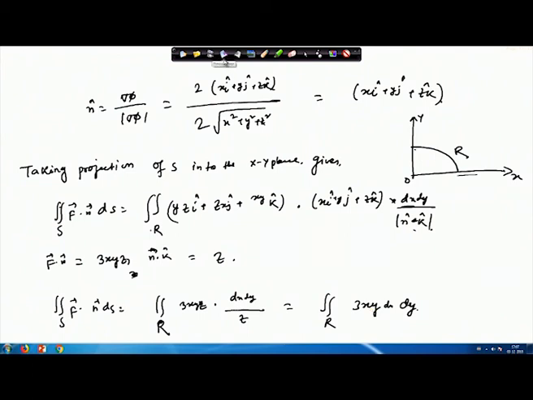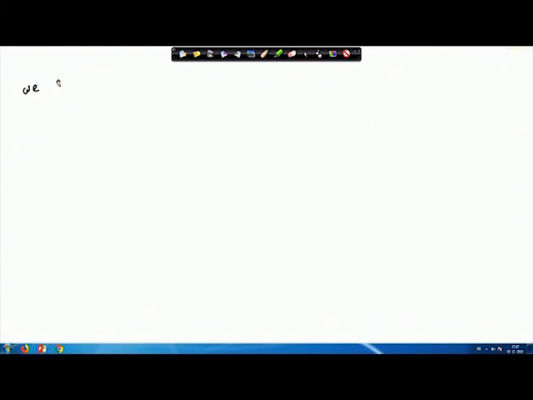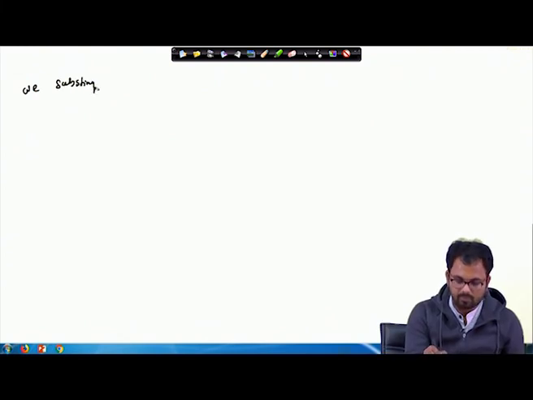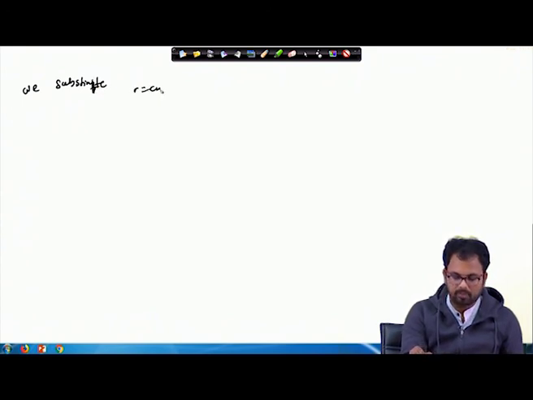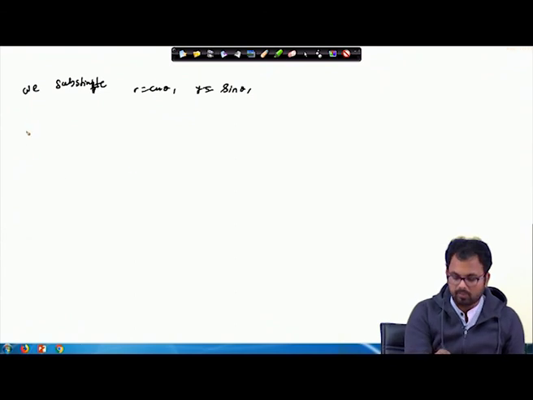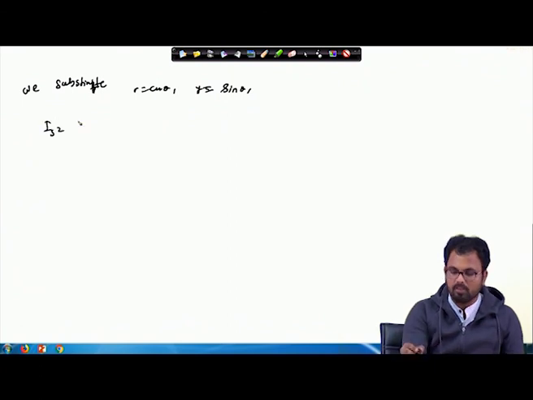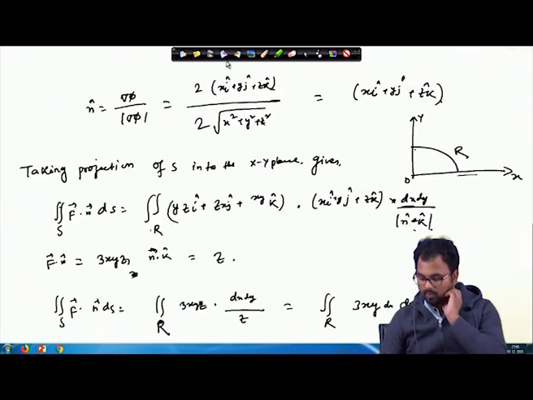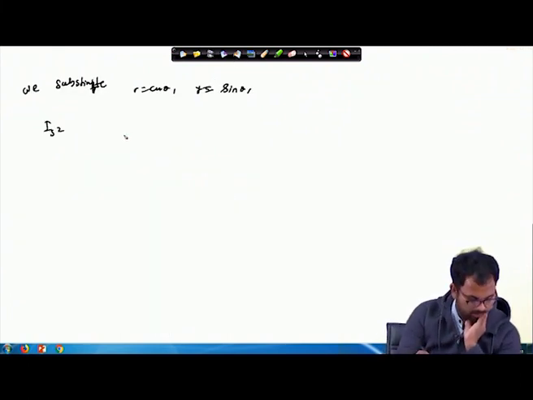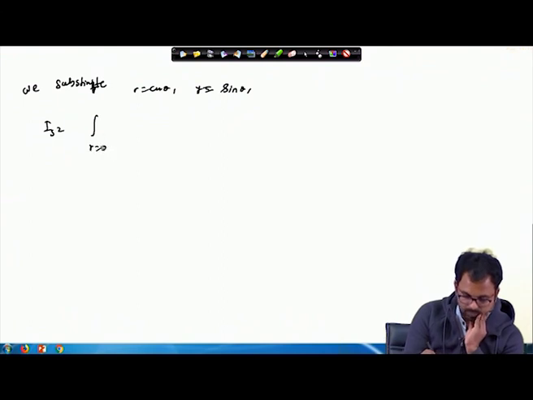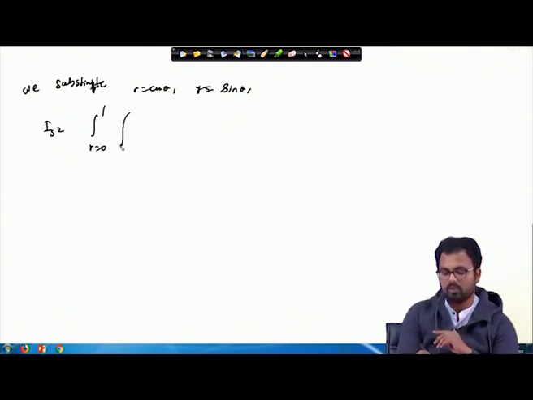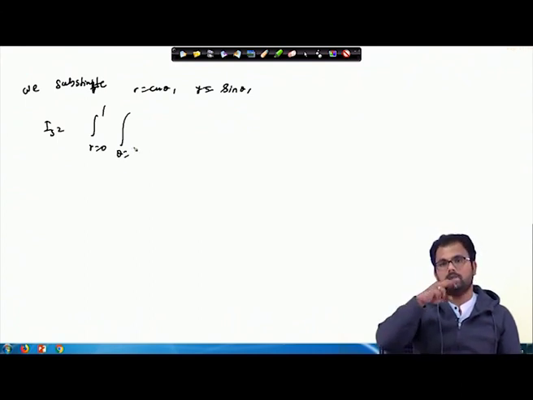Therefore, the required surface integral, let us call it I s, has r running from 0 to 1 because it is of unit radius, and since we are in the first quadrant, theta will run from 0 to pi by 2.